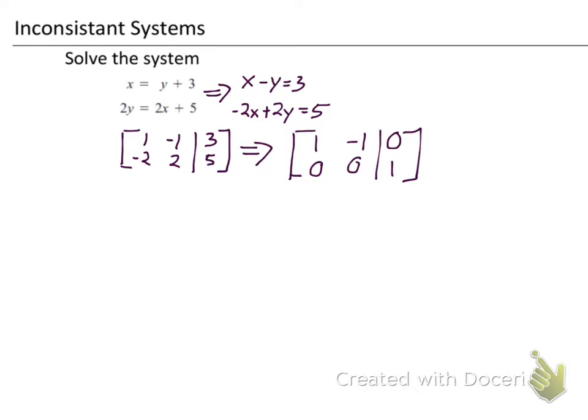Does that match? Can someone read this bottom row to me in plain English? Don't tell me 0, 0, 1. 0 equals 1. Is that true? No. So that bottom row reads 0 equals 1. That is false, and that is why it's inconsistent.